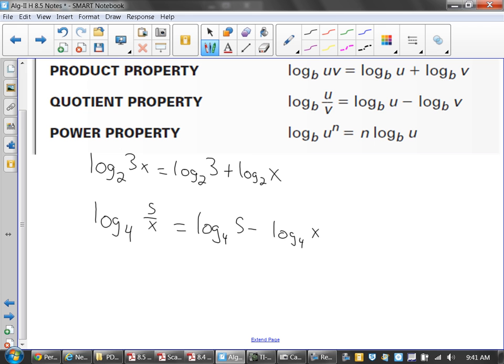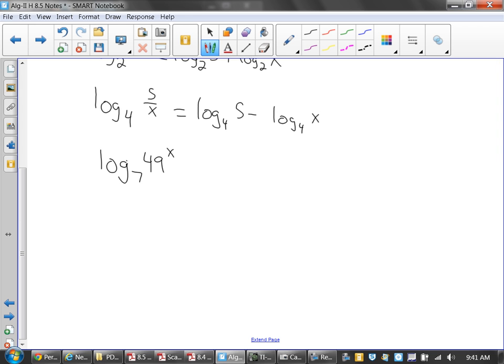So again, if we have log base 7 of 49 to the x, let me scroll this up some. That tells me I can put the value of x in front of the log. And now if I have log base 7 of 49, can I rewrite 49 in terms of a base 7?